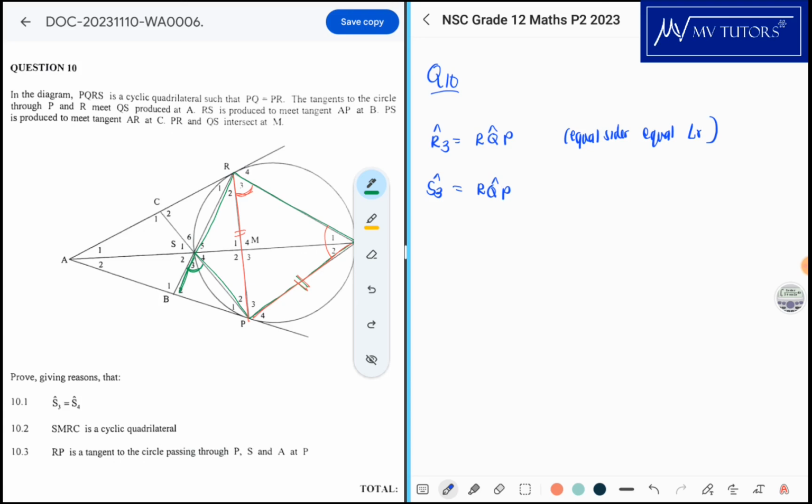And that is just the reason, external angle of a cyclic quad. Is there another external angle? Yes, it's actually S6. Same thing. It's also equal to RQP, external angle of a cyclic quad.